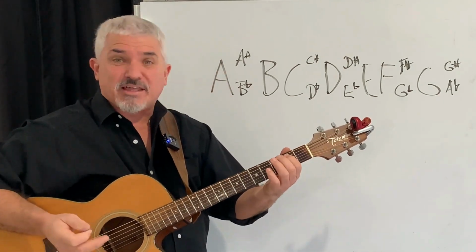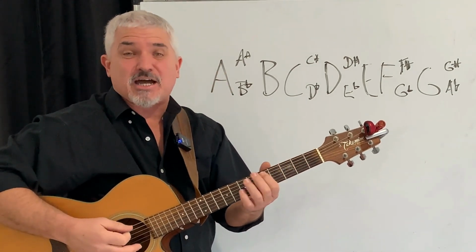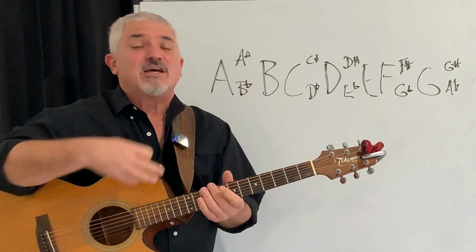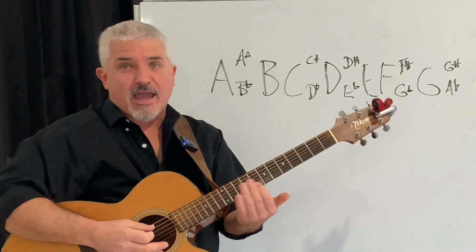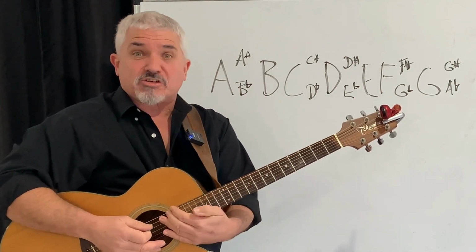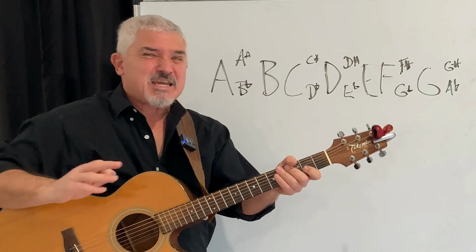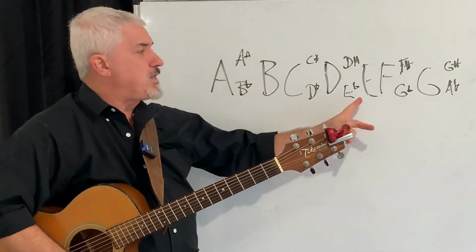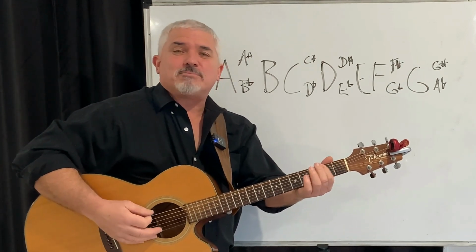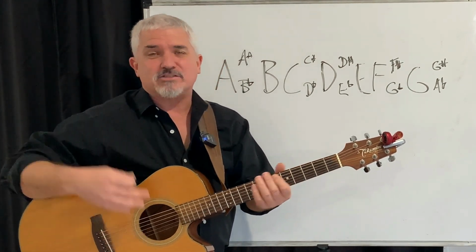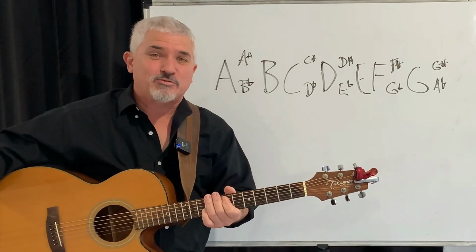Another, we get B, C, C sharp, D, D sharp, E, F, and so on, before it goes back to A right up here on the 12th fret, and just keeps repeating. The same thing happens on our lower E string: E, F, F sharp, G, G sharp, A, and so forth, all the way through.